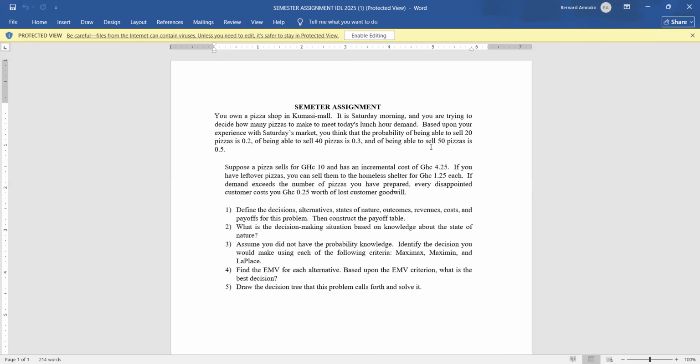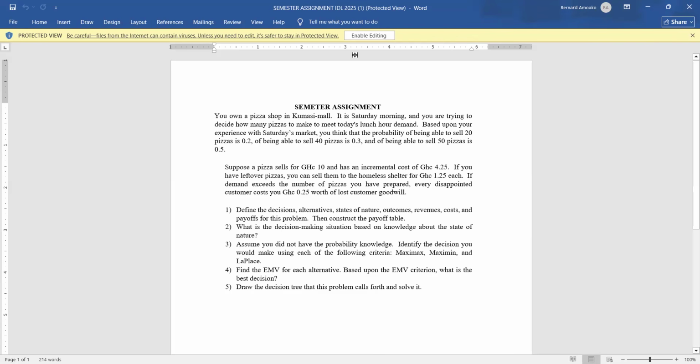So if the demand becomes your state of nature, and this one becomes the decision option, there is a question that you need to think about. If I prepare 40 pizzas and the demand is 40 and the supply is 40, it means that you don't need to include any of these things.